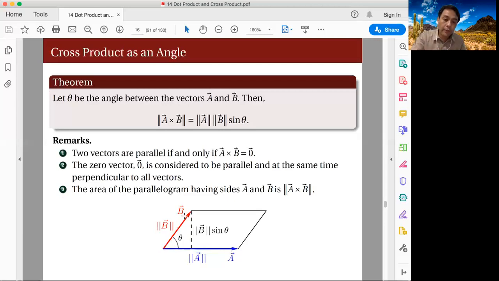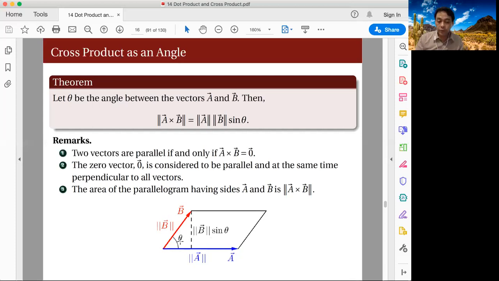The length of this side is just the magnitude of B. If you drop a perpendicular to the base, then using your SOHCAHTOA rule, the opposite side of this theta will be the magnitude of the vector B times the sine of theta.